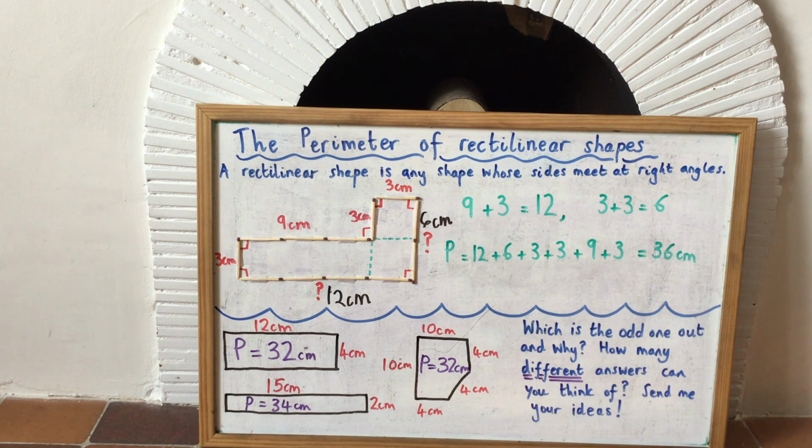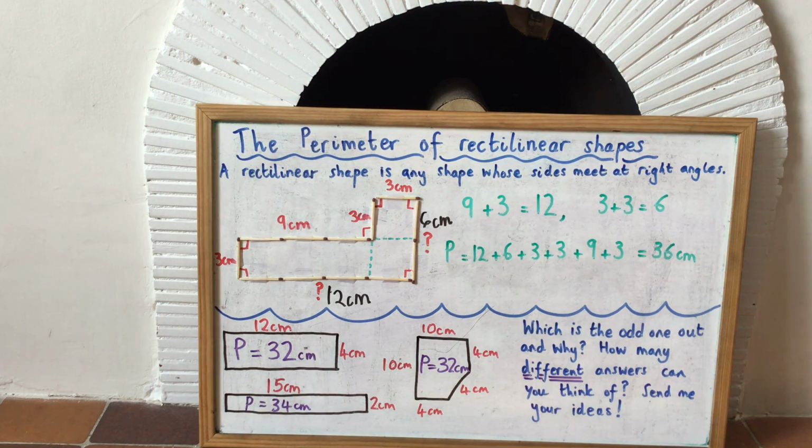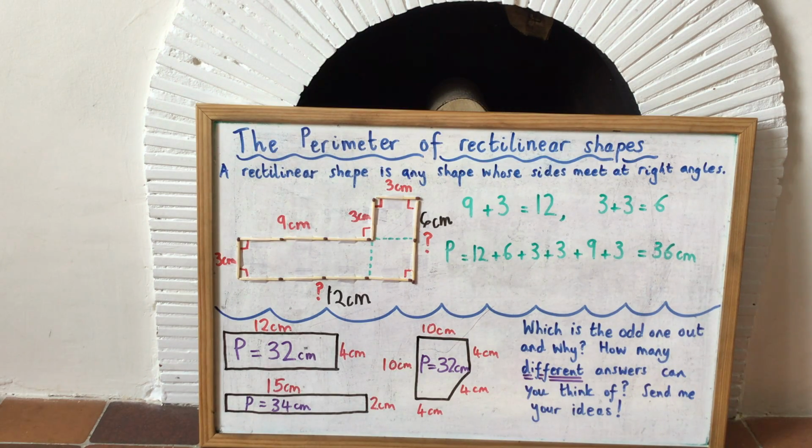And it's an odd one out challenge. So you can see I've drawn 3 shapes here, and what I want to know is which one of these shapes is the odd one out and why. I've put some measurements on there for you, and I also want you to think about the word rectilinear when you answer this question as well.